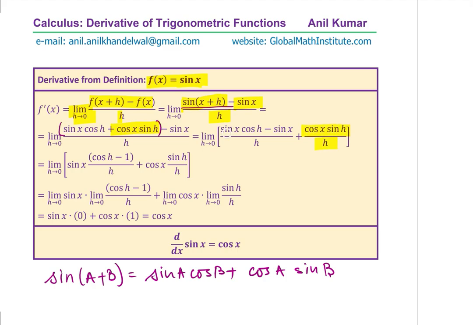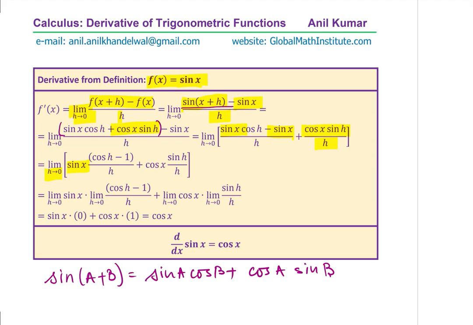And we have sine h cos x on the left side. Now in this case, you can see that sine x is common. So since sine x is common, I've taken it out. We're left with cos h minus 1 over h. On the right hand side, I've taken away cos x. Since sine x and cos x are independent of h, you get the idea. Since they're independent, we can keep them away and find the limit of this particular function.